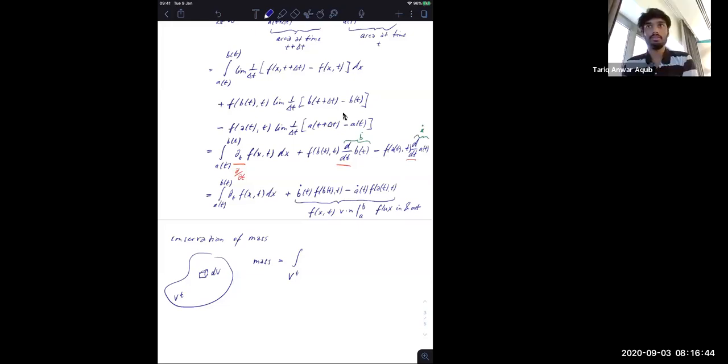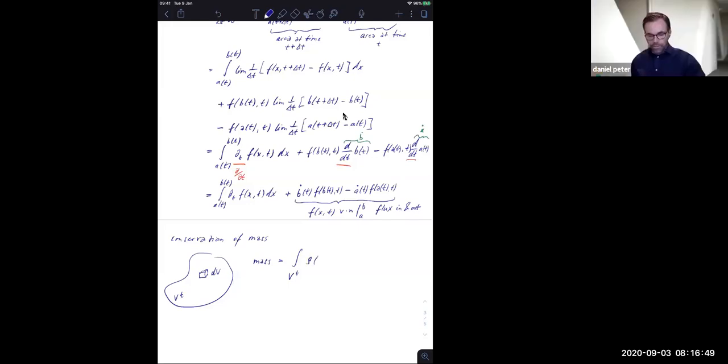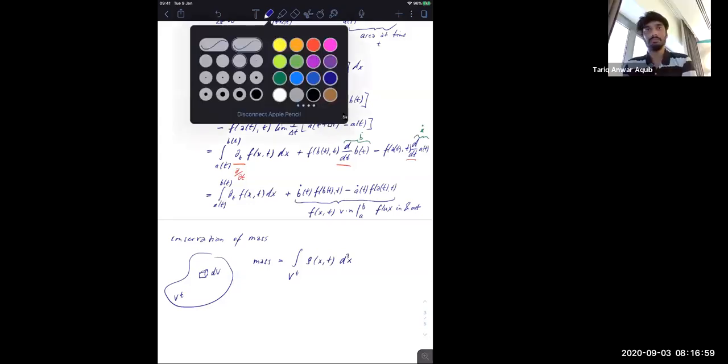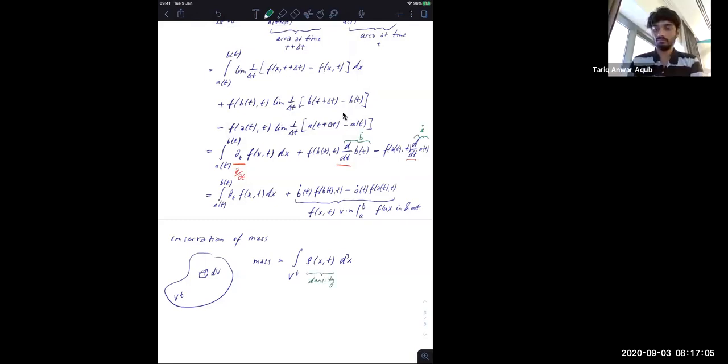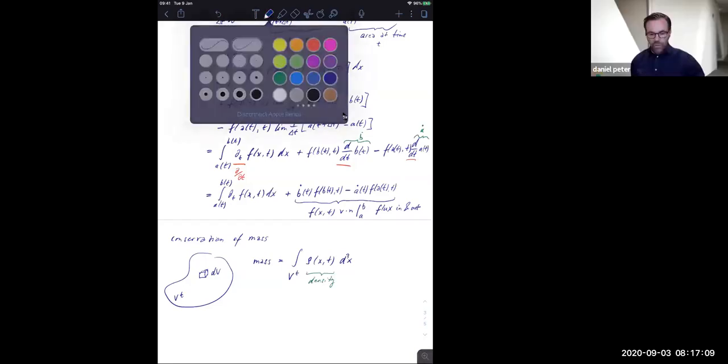Density. Density, yes. Density is rho of x and t. And then we integrate over volume. It's in 3 dimensions. Yes, so let's write this down. This is density. So that would be the total mass.